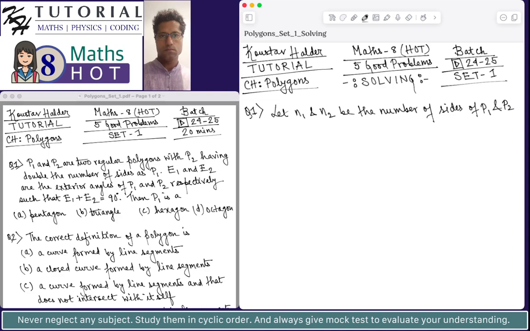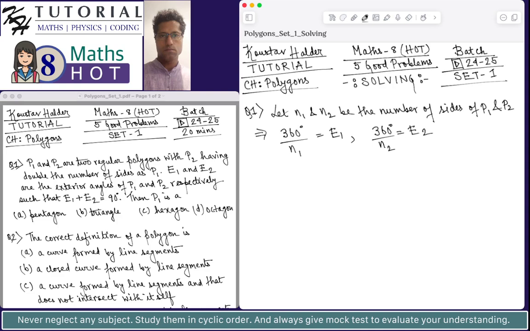Okay. Now, since P1 and P2 are both regular polygons, we can say that each exterior angle of P1 will be equal to 360 degree by N1, which is given as E1. Similarly, we can say 360 degree by N2 is equal to E2.